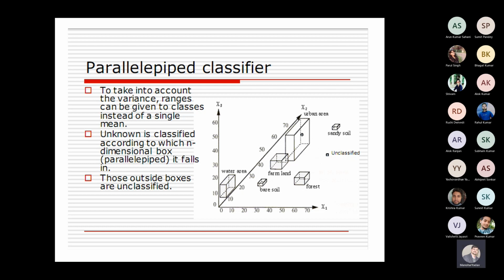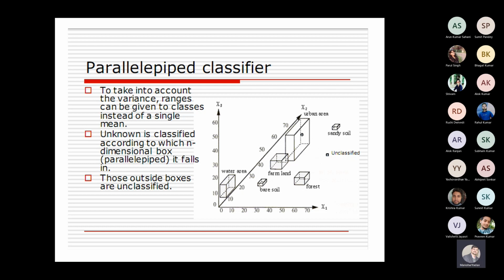The same logic we apply if we consider 3D, like if we have three spectral bands for the classification. So with three spectral bands, one pixel has three digital numbers, one from each band. Okay. So the minimum bounding rectangle is now converted into a parallelopiped, as you see in the figure.